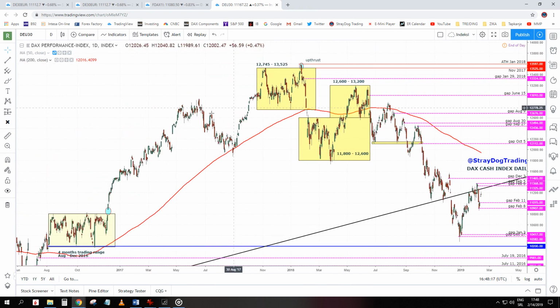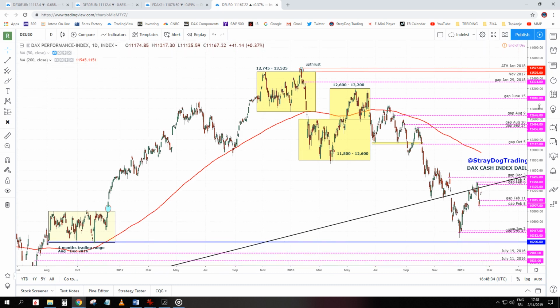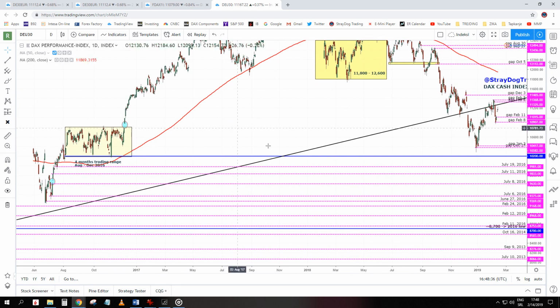This is it, and remember this was the gap up from December 2016, and it was filled here on the same day in December 2018. So two years after. And also note that below that there are plenty of gaps. Look how many of them.